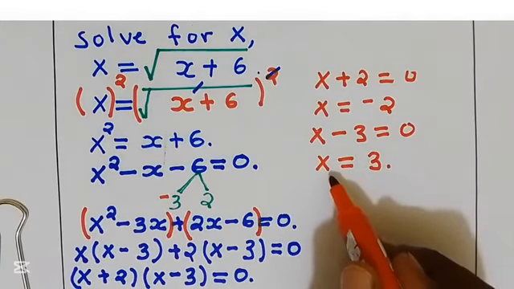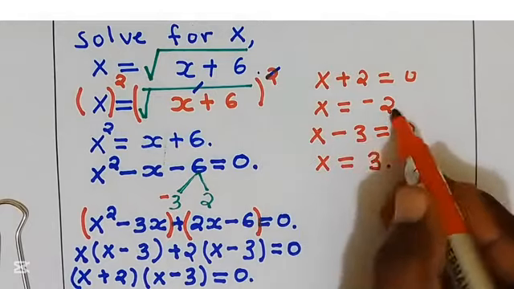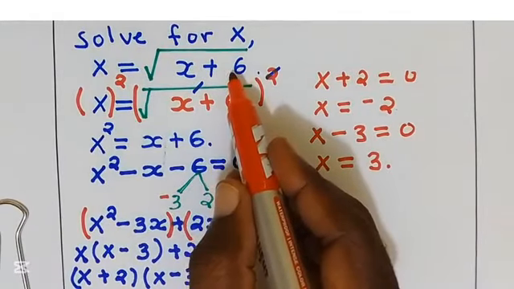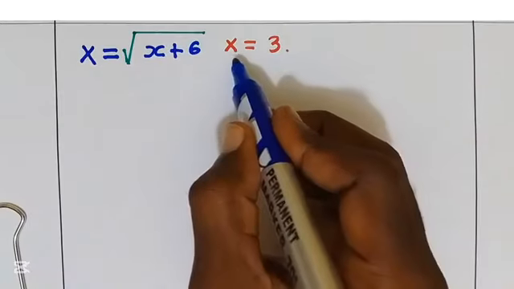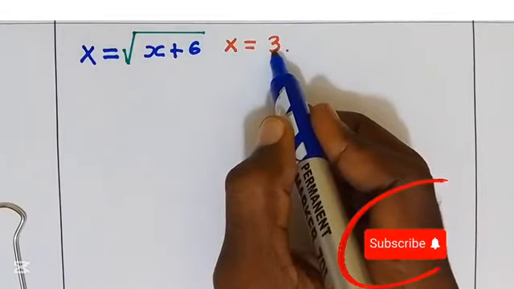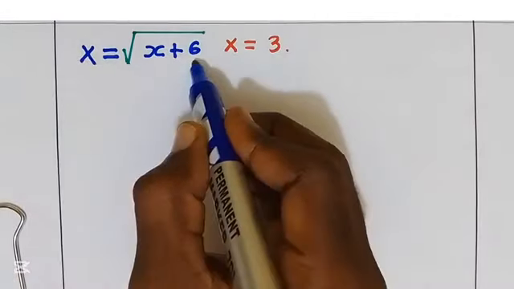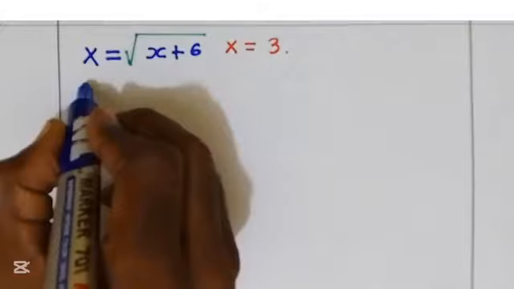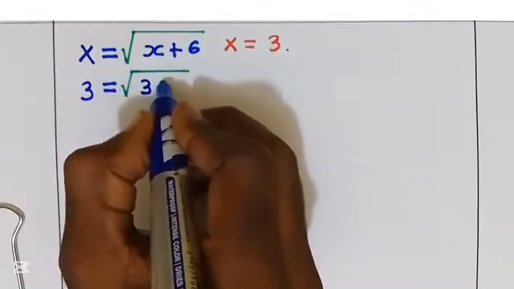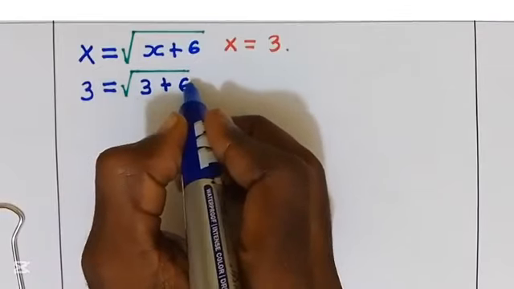Now we are going to substitute our solutions to our radical question to see if we have any extraneous solution. Let's start to check by our first solution, x is equal to 3. We will substitute it into our radical question. 3 is equal to the square root of 3 plus 6.